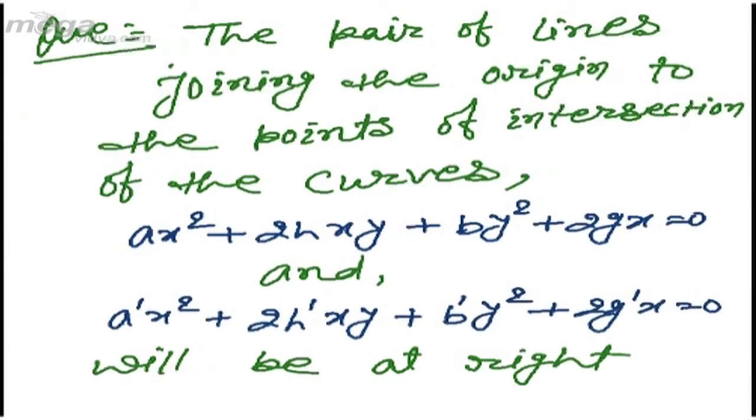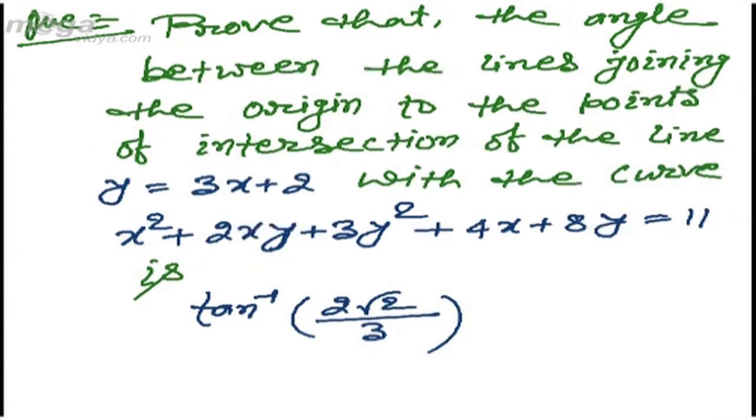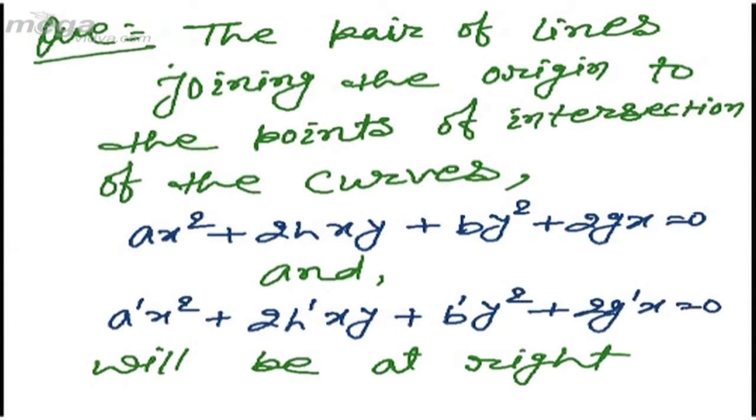Student, in the previous question, when we did y equal to 3x plus 2 and x square plus 2xy plus 3y square plus 4x plus 8y equal to 11, to get the pair of straight lines joining the origin and the point of intersection of these two, we made it homogeneous. Same here in this question.